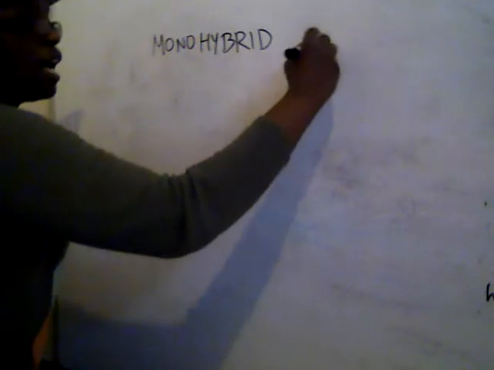The dihybrid is where you really get the big block of 16, and it gives a lot more variety. So monohybrid versus dihybrid.